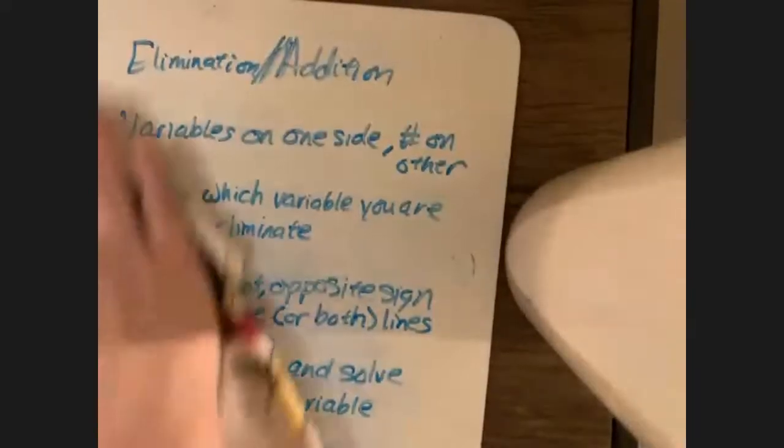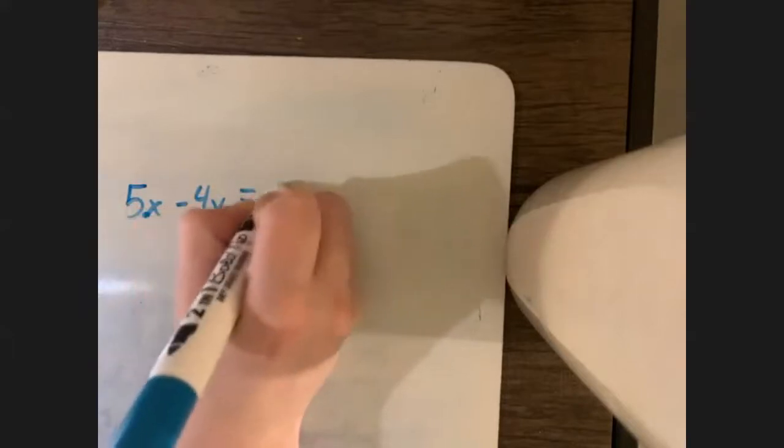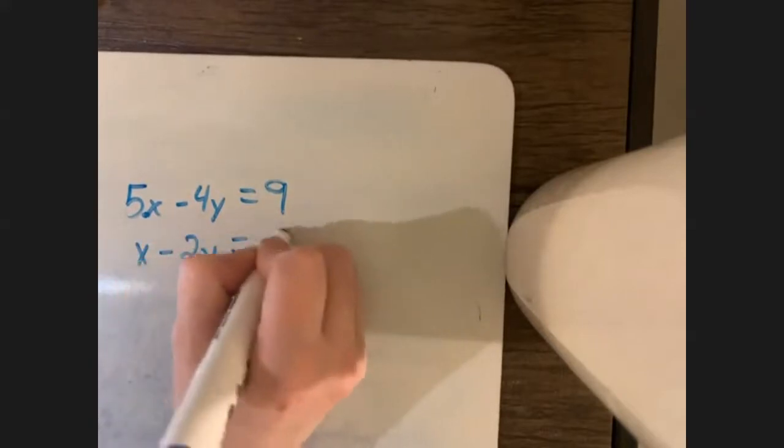Okay, so let's look at an example. Actually, we're going to do a couple of examples of these. The first one we're going to look at is 5x minus 4y equals 9, and x minus 2y equals negative 3.